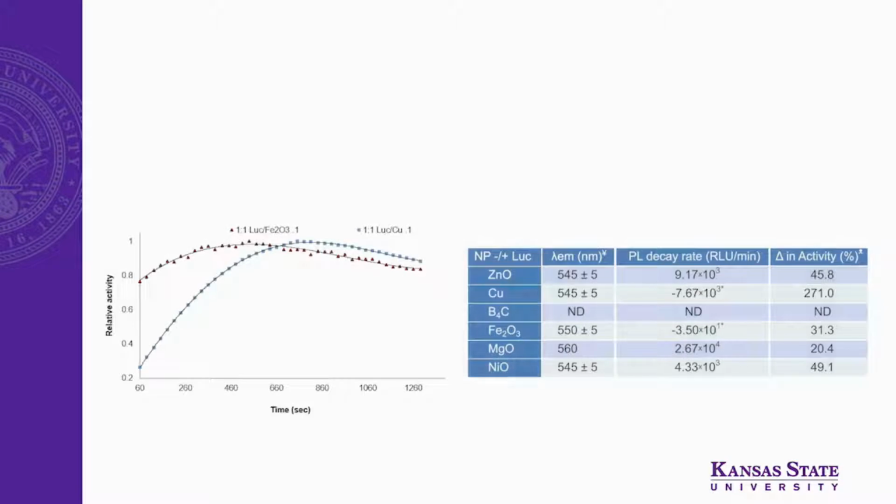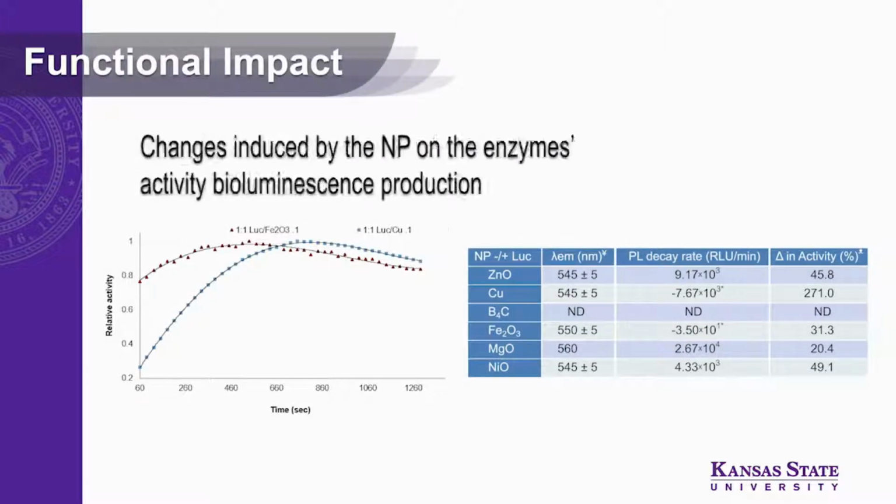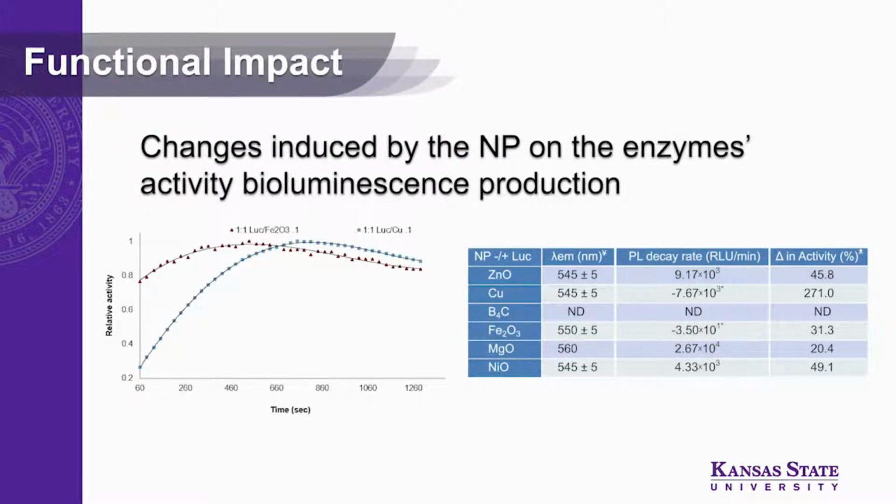And then the functional impact: the enzyme luciferase produces light, so we can use luminescence spectroscopy, or bioluminescence from the enzyme, as a measure of functionally how much the nano-bio interaction of the different materials impacts the activity of the enzyme.